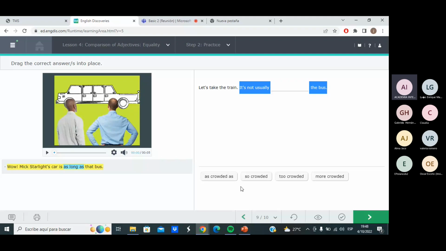Esta palabra es como crowded. Es como cuando decimos lleno de gente. Crowded es como lleno, lleno de personas o lleno de gente.